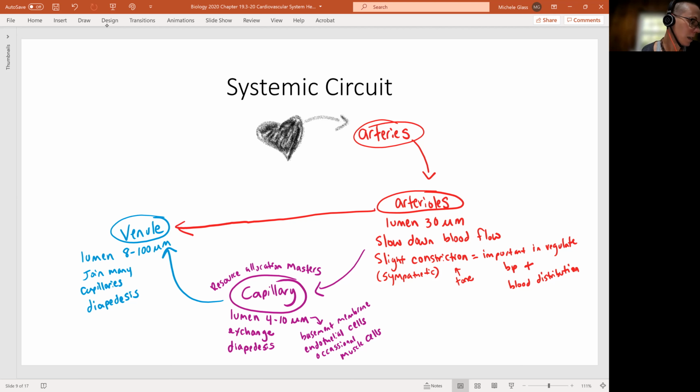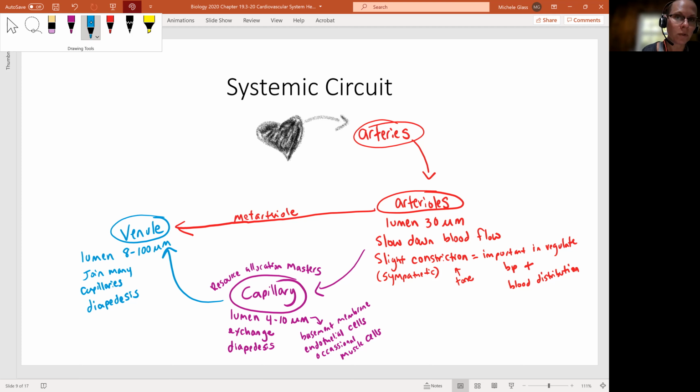And in that case, it's moving through what's called a metarteriole, and we'll see this on a diagram in our next video. So sometimes it's up to the capillary to move blood directly from the arterioles to the venules. I think this is a very interesting, very important feature that we see.